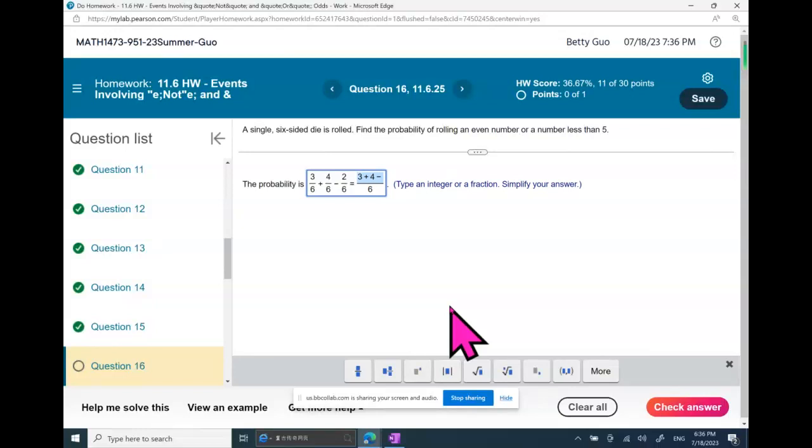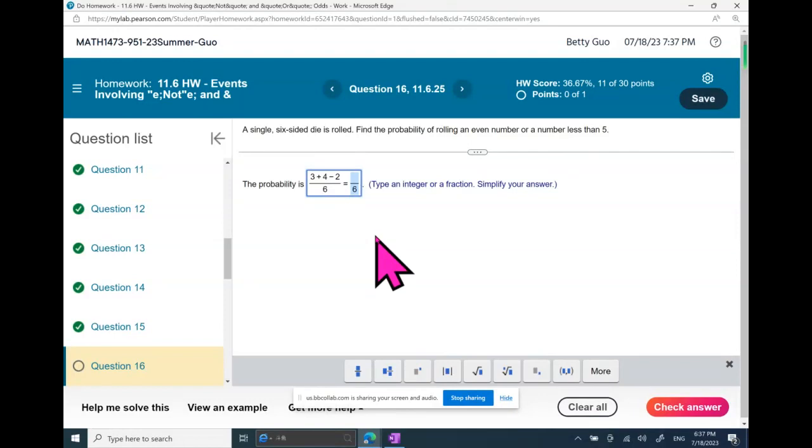And minus, how many outcomes favor both even and less than 5? 2, right? So my point here, sometimes I don't even have this part. I use that directly. This is easier, right? Just find a way that you feel more comfortable.